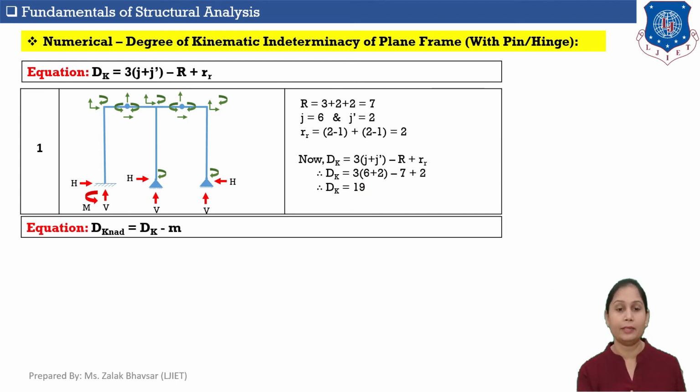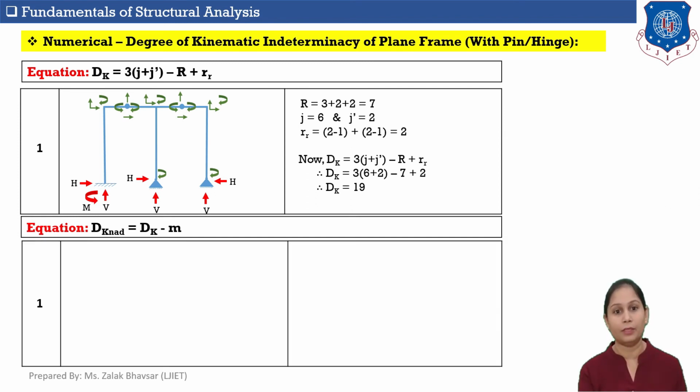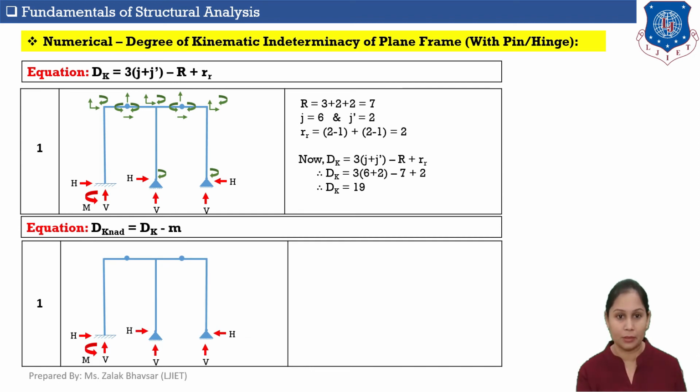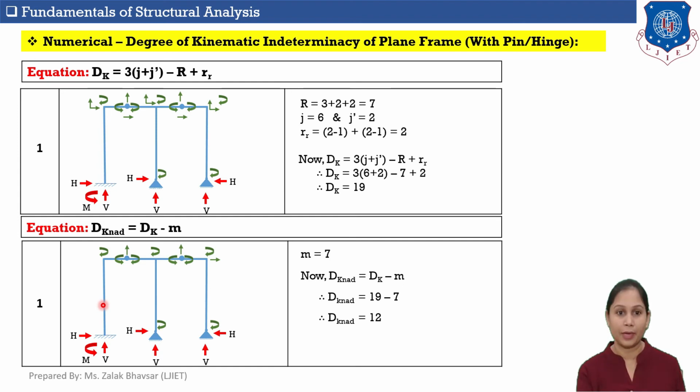Now let's calculate dk/NAD. The equation of dk/NAD is dk minus m. So first of all we need to calculate the number of members. So here this is 1, 2, 3, 4, 5, 6, 7. Total number of members in this given plane frame is 7.